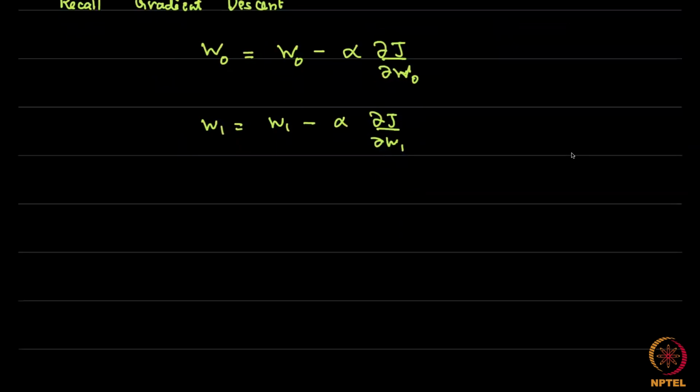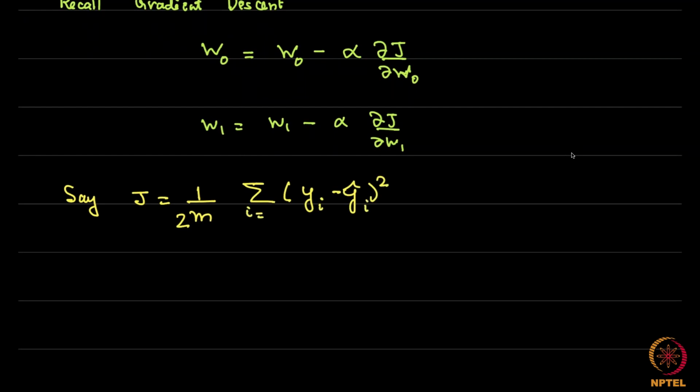So for example, let us say J was equal to 1 over the number of examples, sum of y minus y hat square, i equal to 1 to m. So for example, our slab case, suppose I am solving for these parameters W0 and W1, and y hat is W0 plus W1x.